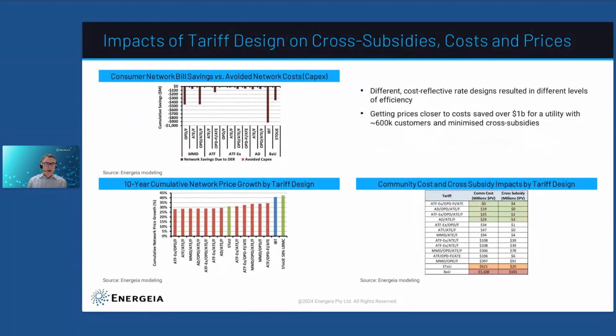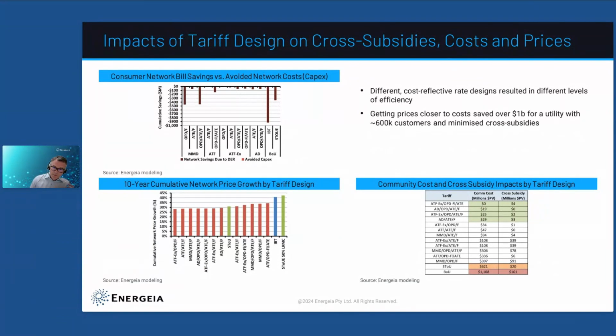When we rolled that into, for example, the bill savings versus the avoided network costs, the more cost reflective ones were more aligned. Overall, it would have an impact on average rate increases, and ultimately, you're looking for community costs and cross subsidies.